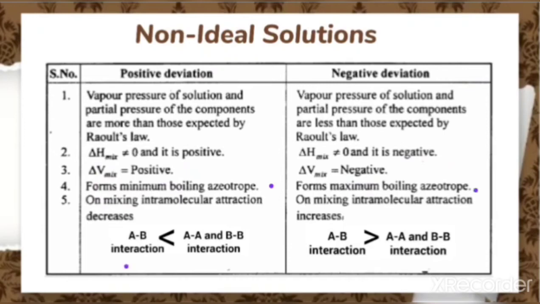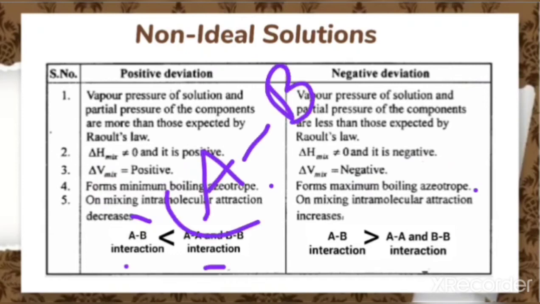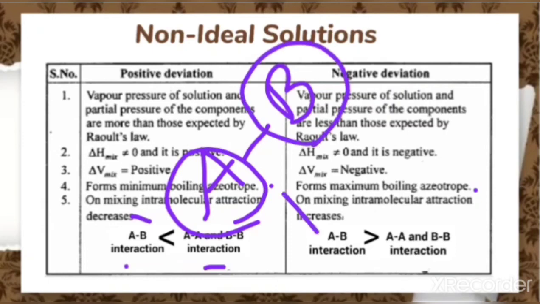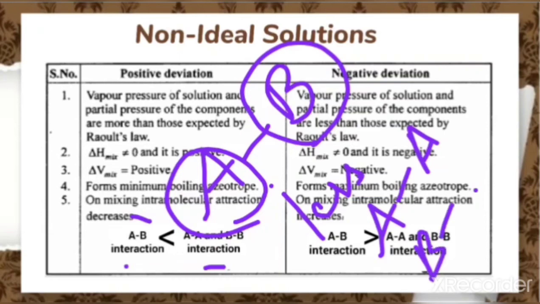And in this case, as I told you, for the ideal case, the AB interaction is equal to AA and BB, but here the AB interaction is lesser than the AA and BB. That means whatever the interaction between the solute and the solvent is less than the interaction between the pure components, that is, between the solvent molecules or between the solute molecules.